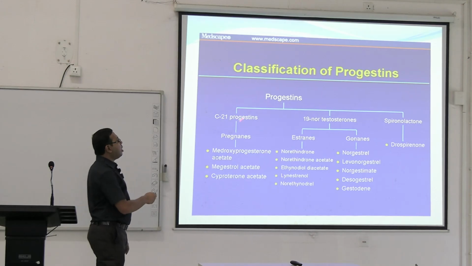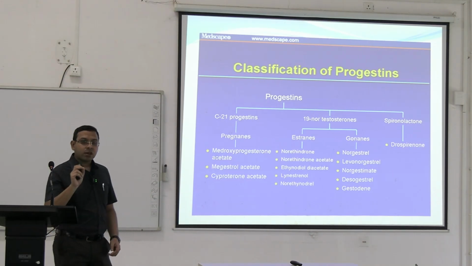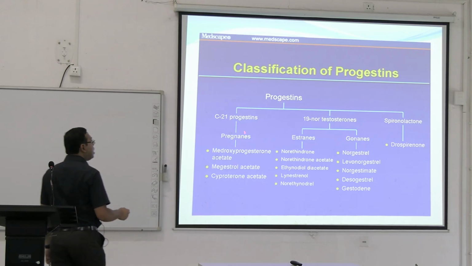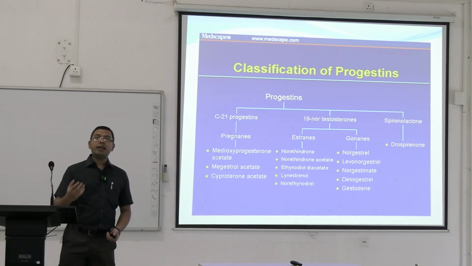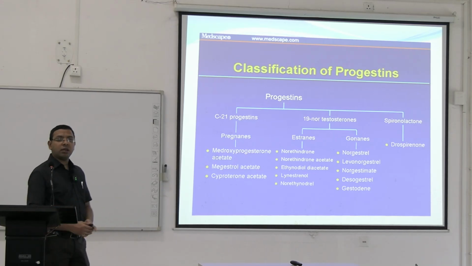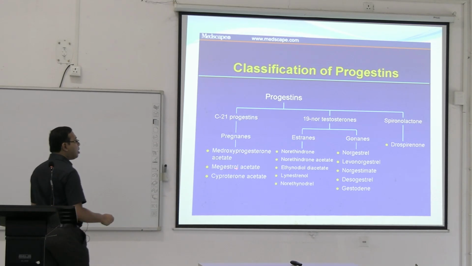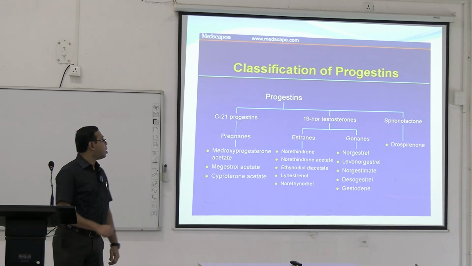The same thing you can see: the C21 progestin. This is the natural progestin, progesterone, and these also come under the pregnane group, and there are newer synthetic progestins also, like medroxyprogesterone acetate, very commonly used, megestrol acetate and cyproterone acetate. All these are used in different cases.